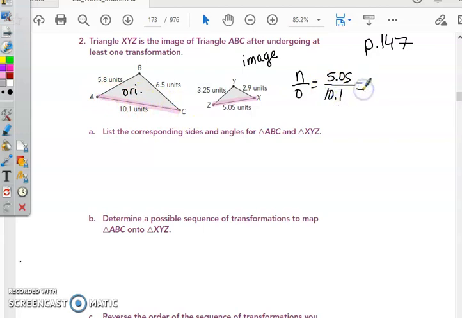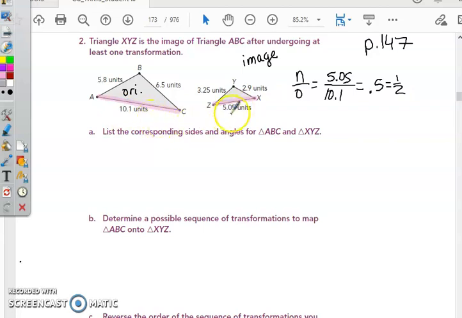Punch that into your calculator and see what you get. You should be seeing 0.5, which is the same thing as a half. So going from here to here, we have a scale factor of 1/2.